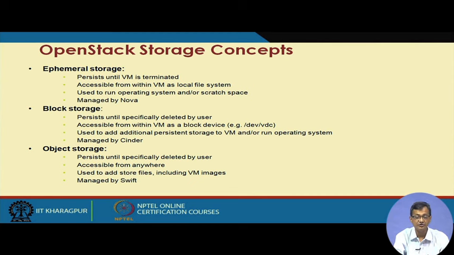So, once the VM is terminated, it also goes away. It is primarily used to run the operating system, which is loaded as and when required, and can also be used as cache space, and it is managed by Nova, as we have seen.